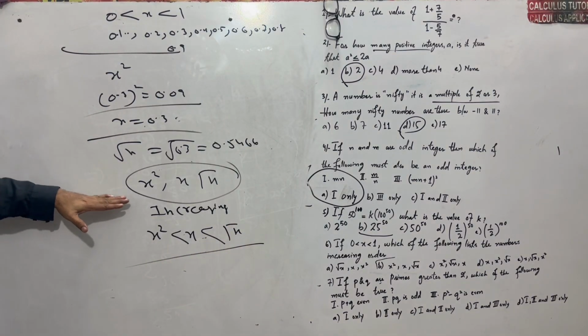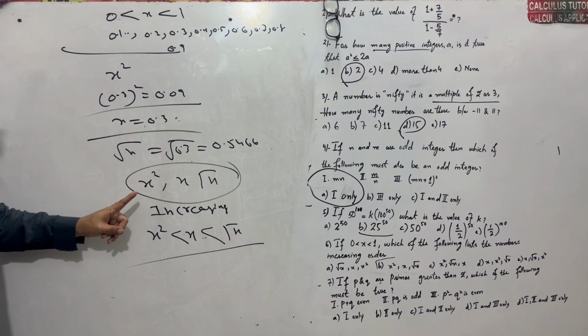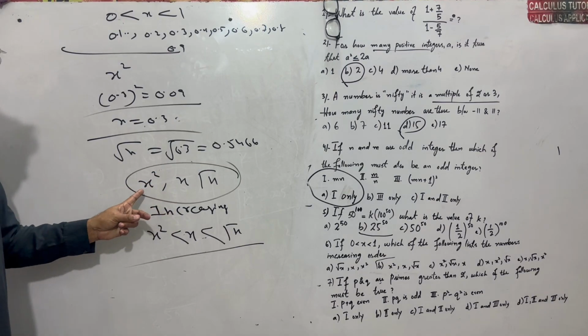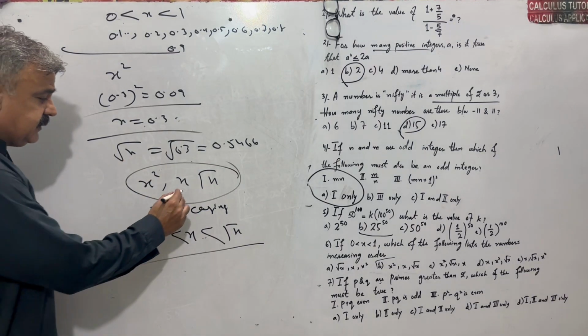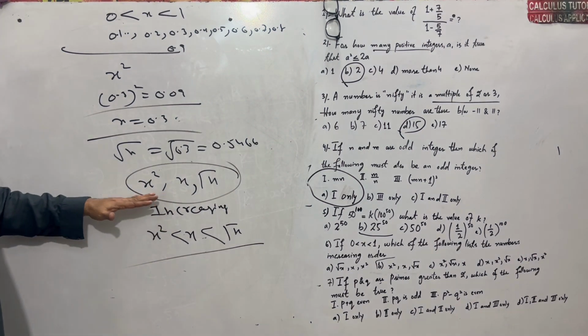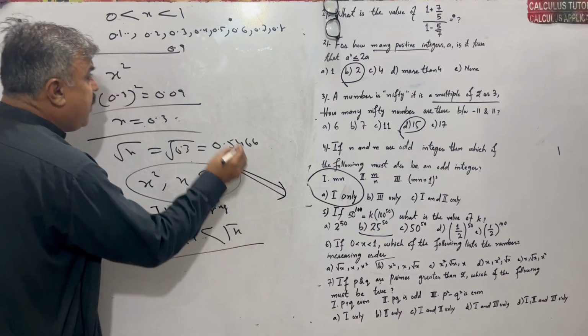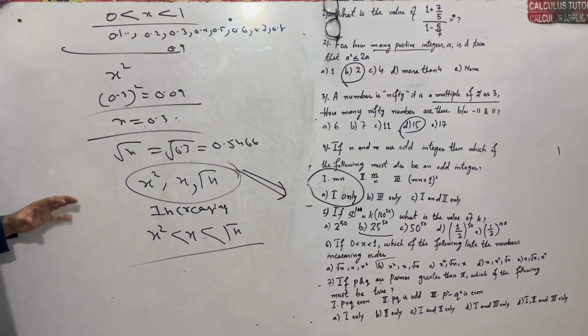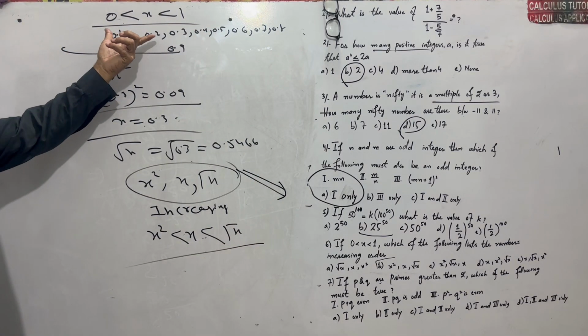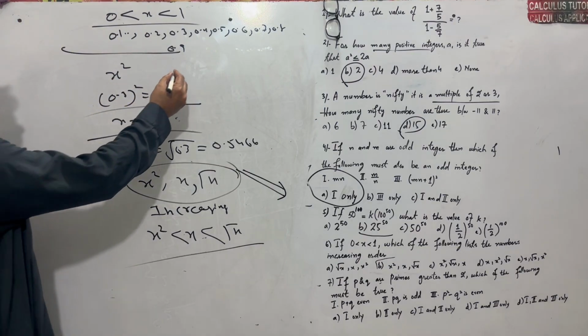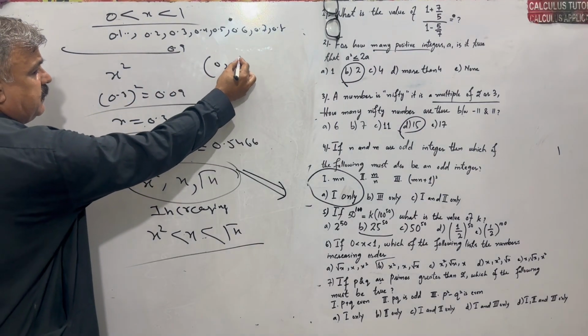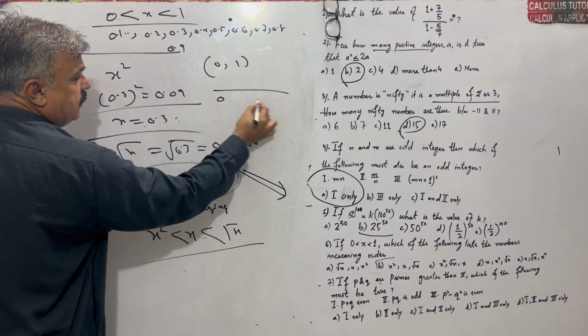Normally this is descending order, but if the value of x lies between 0 and 1, in the open interval excluding 0 as well as 1, it is ascending.